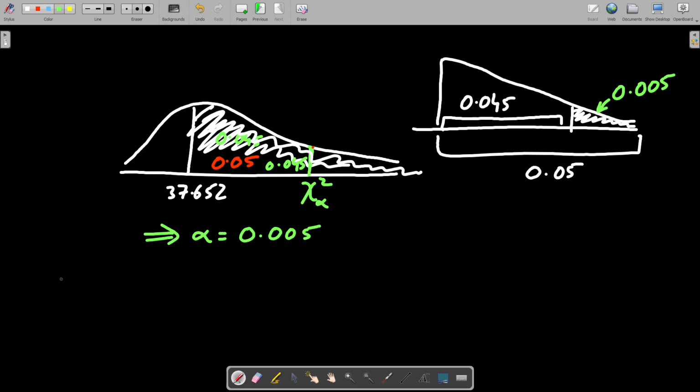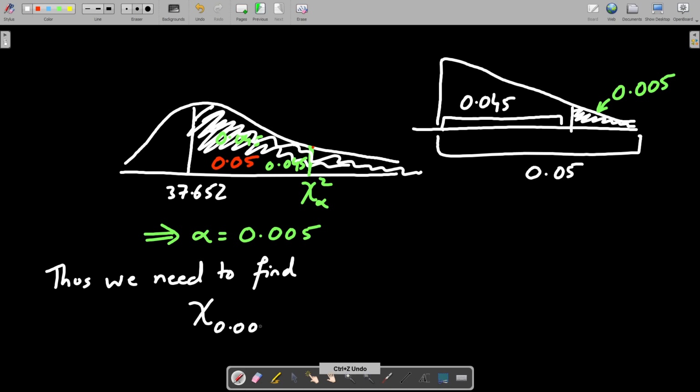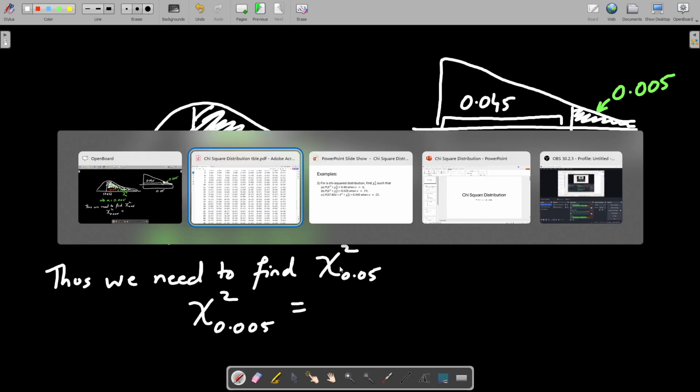So now we have to find out chi-square of 0.005. We'll go to the table and find it.